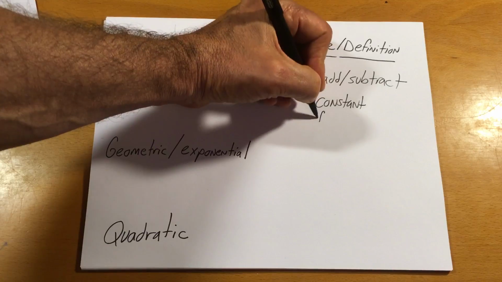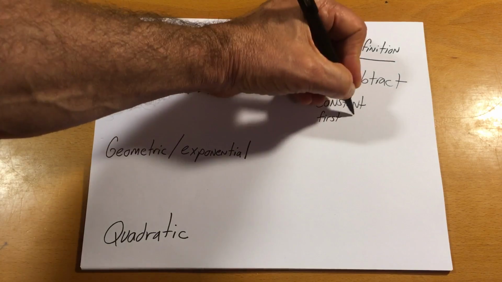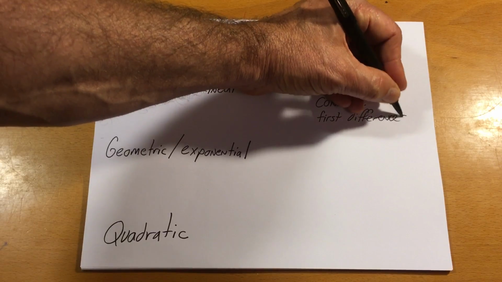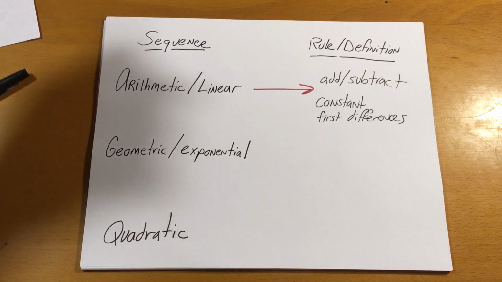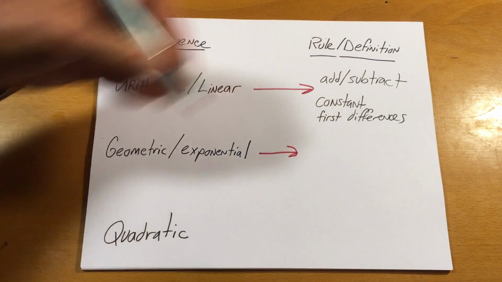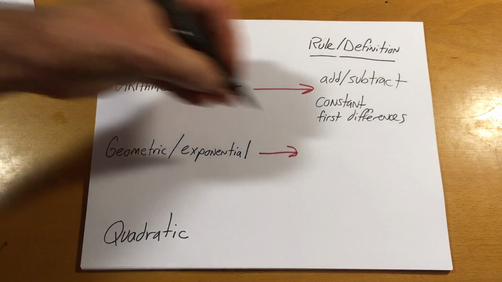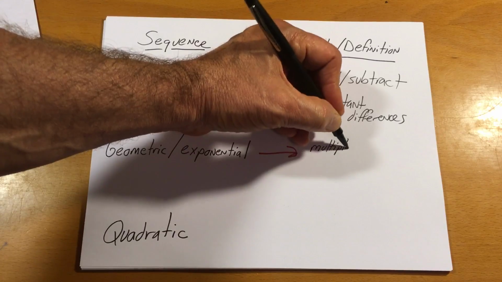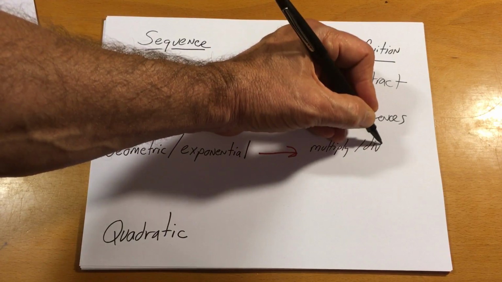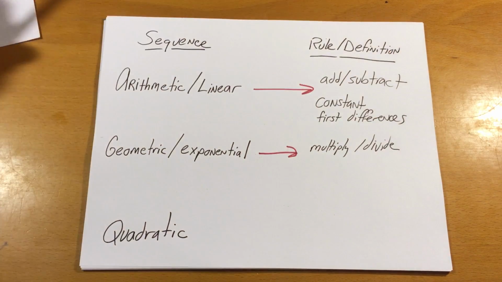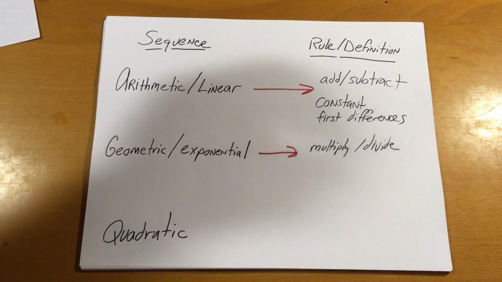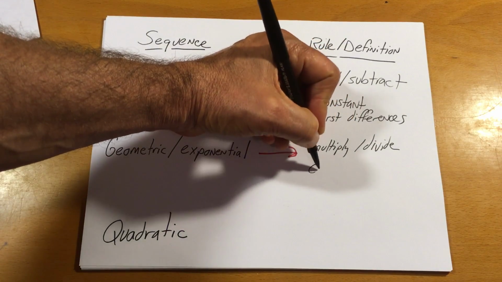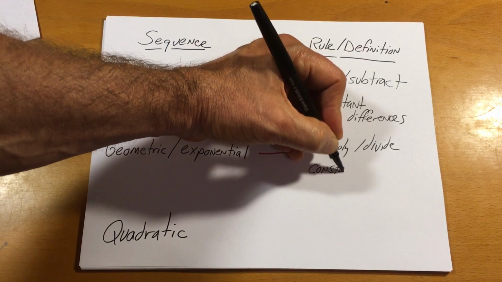And we'll go over an example in just a second. For geometric or exponential, those are always simply when you take each term and you either multiply or divide. Sometimes that's obvious, sometimes you'll need a calculator to solve through it. The formal way we say multiply or divide is we say that there is a constant ratio.